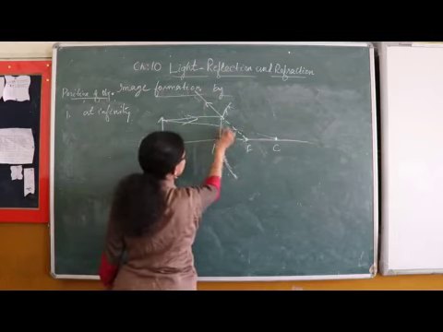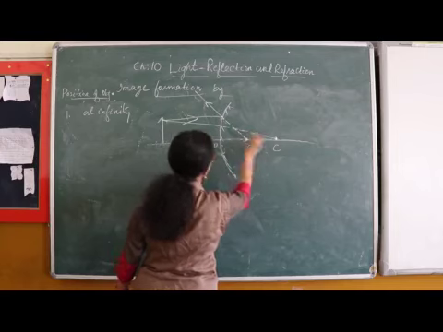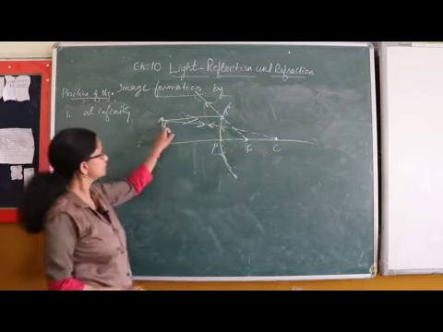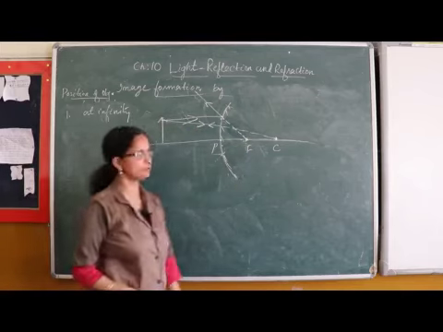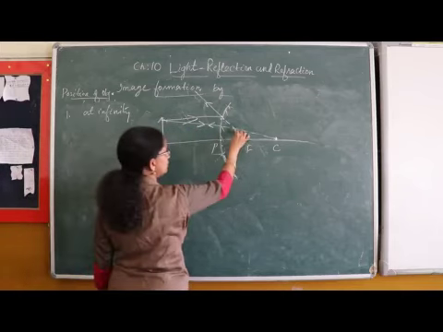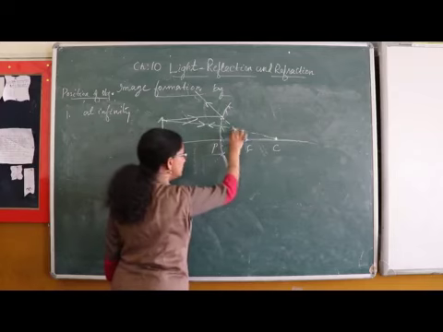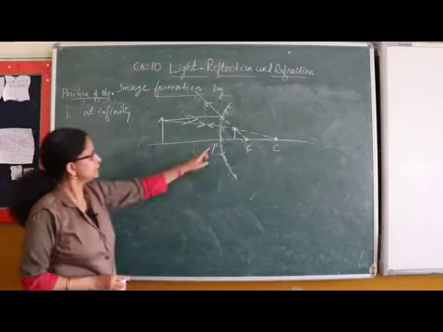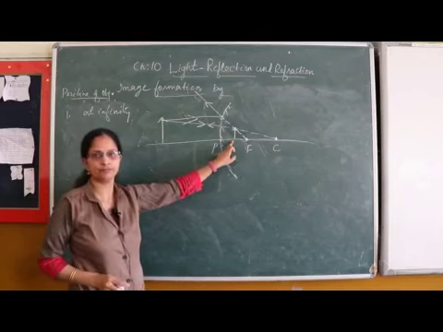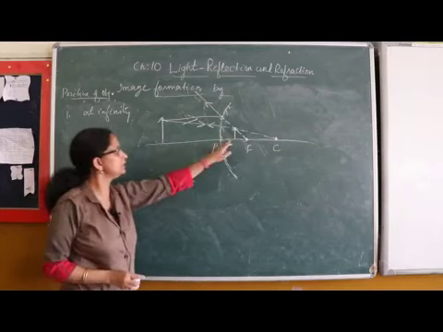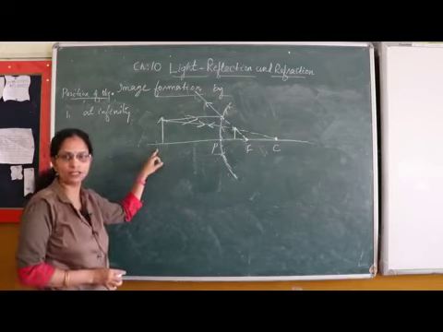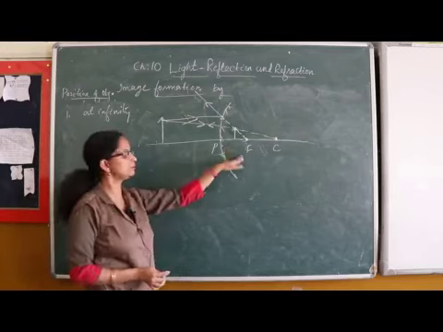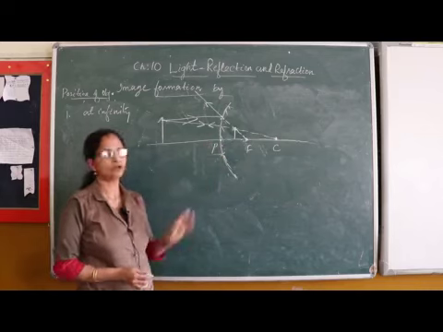That ray bounces back in the same pathway because it appeared to come through the center of curvature. And here we can see that these two rays appear to meet somewhere in between P and F, and a diminished image is formed. It's not point-sized, but it is a smaller image. A diminished but erect image is formed inside the mirror, or behind the mirror.